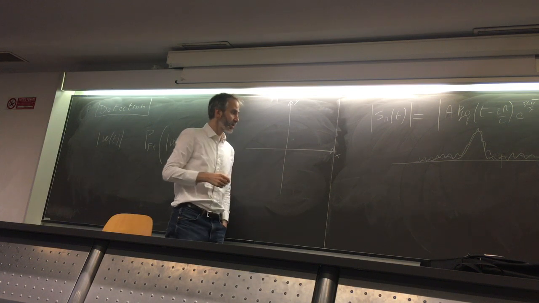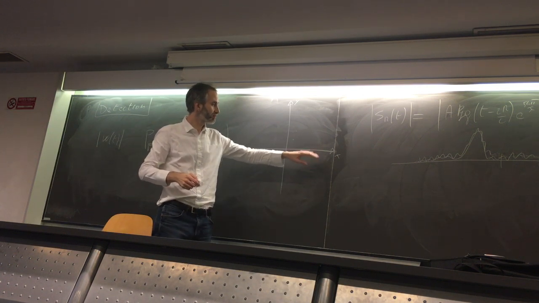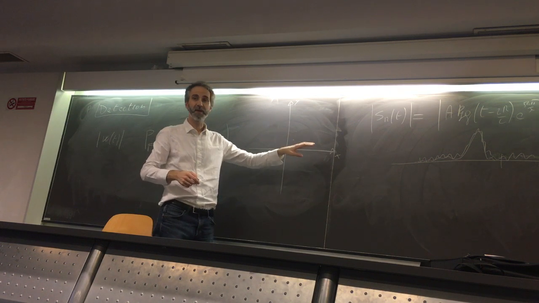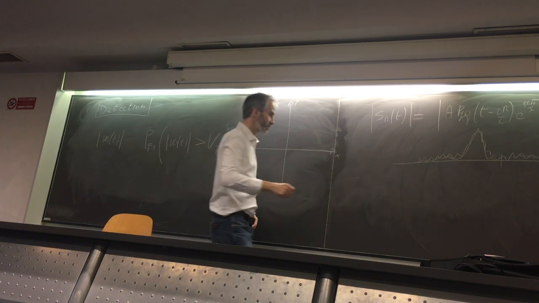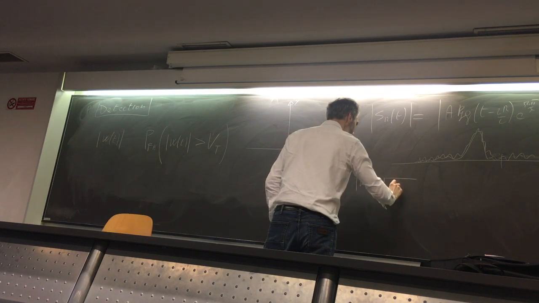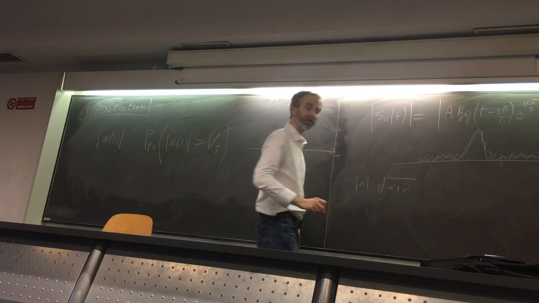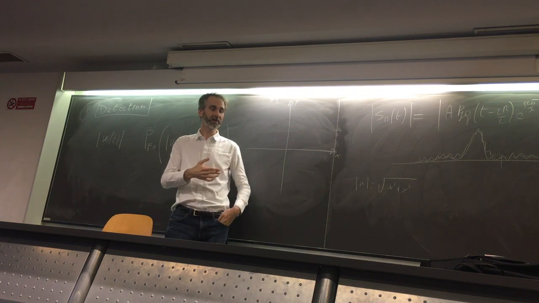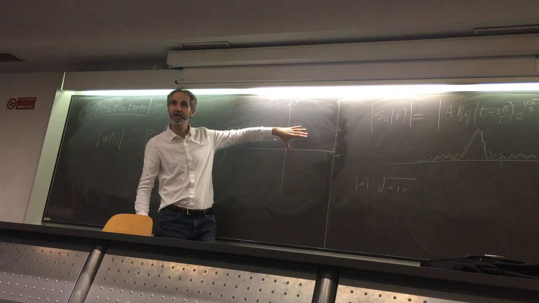So the absolute value of the complex noise is the square root of x squared plus y squared, right? So the absolute value is actually only the radius, the distance from the center.